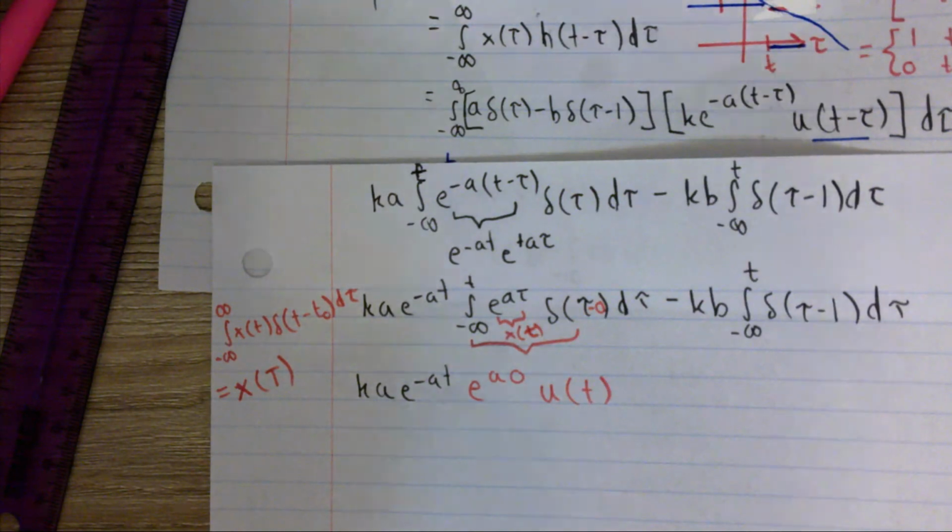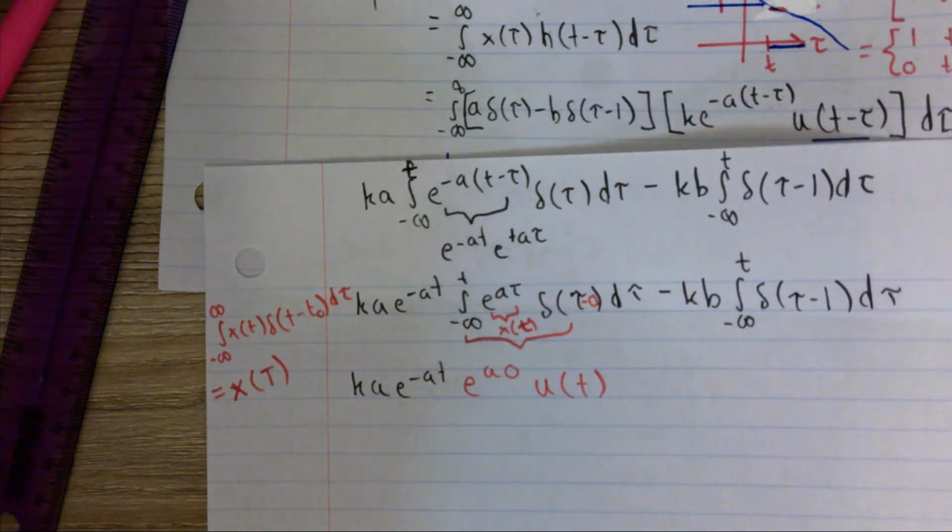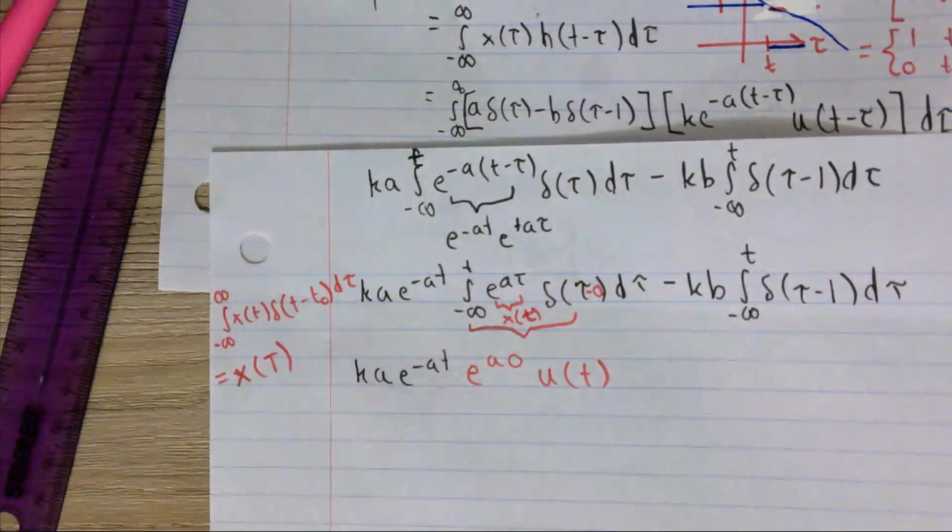The reason is because it's limited to t. This is going to turn off at the upper bound, which is t.